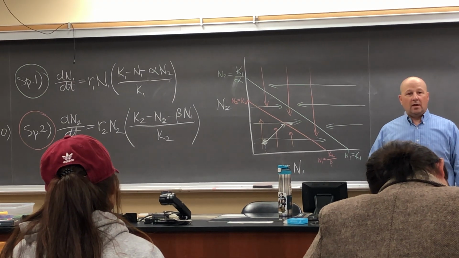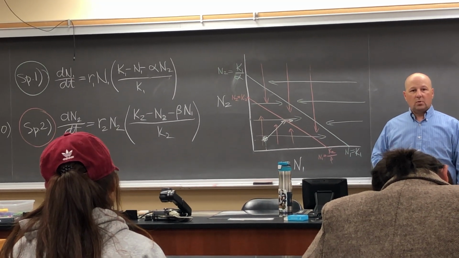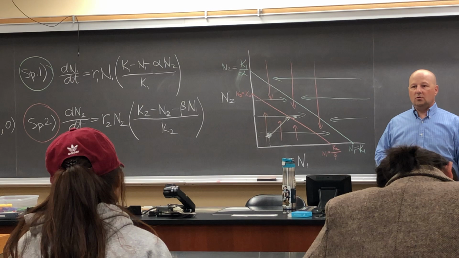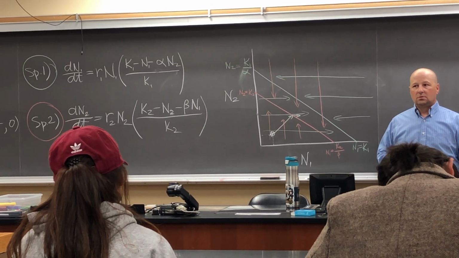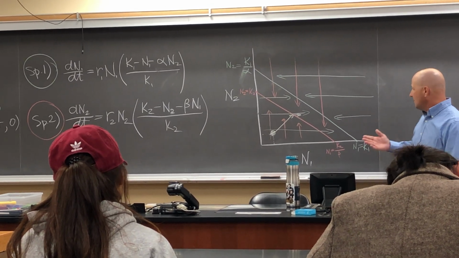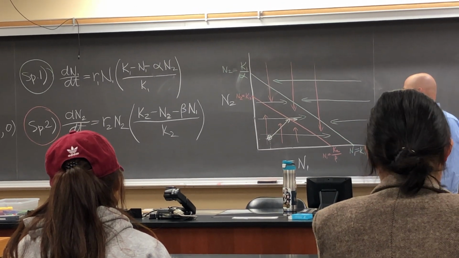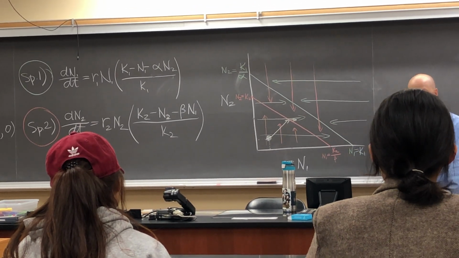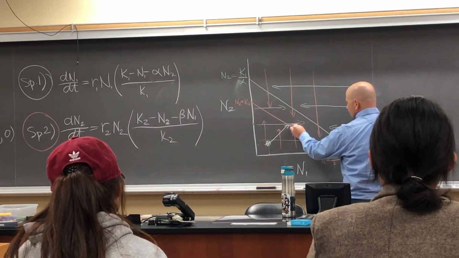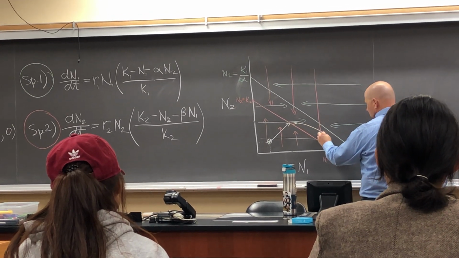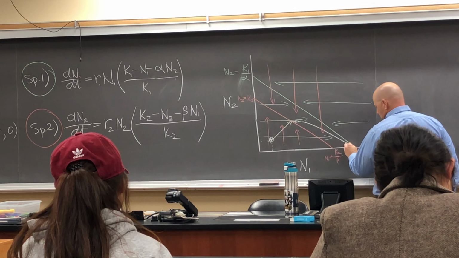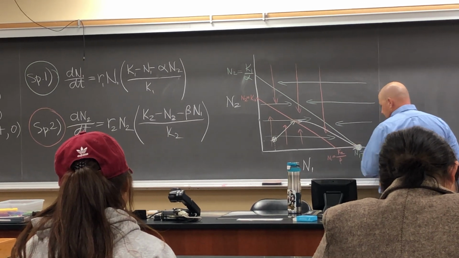Now we're over the red line. What happens to population 2? It starts to decline. And population 1? Still growing. So we're still going this way, but now we're going down this way. We're going to end up right there.